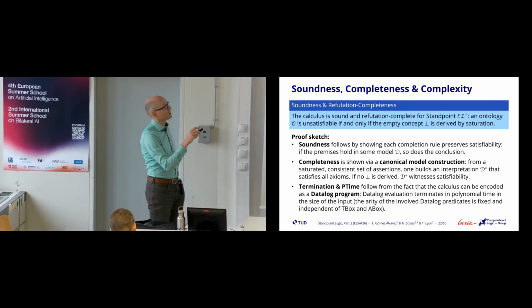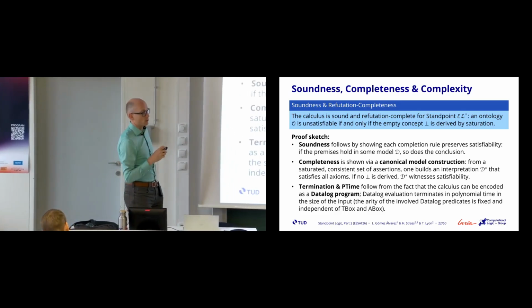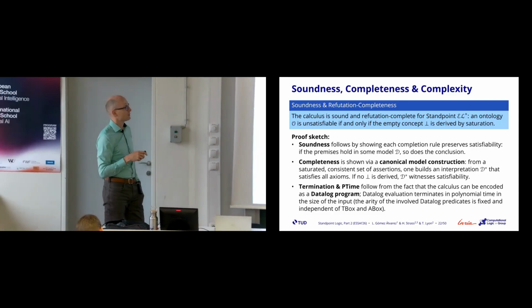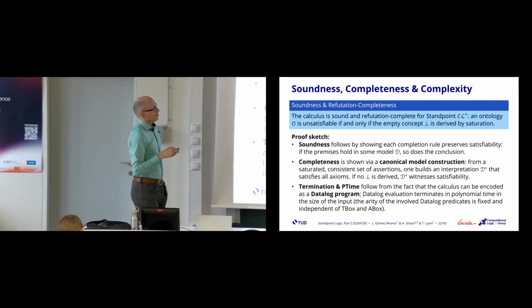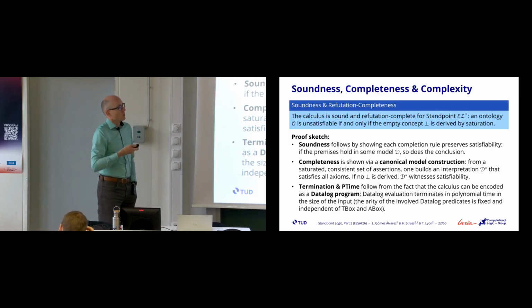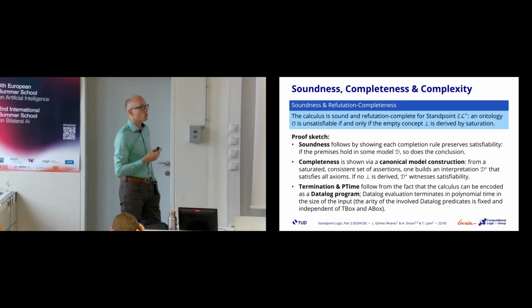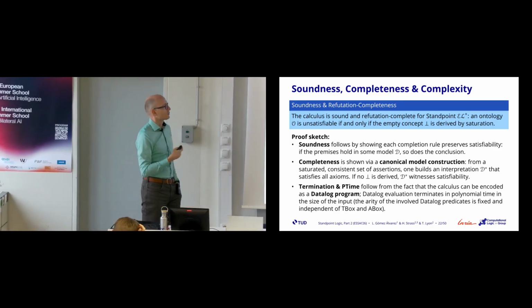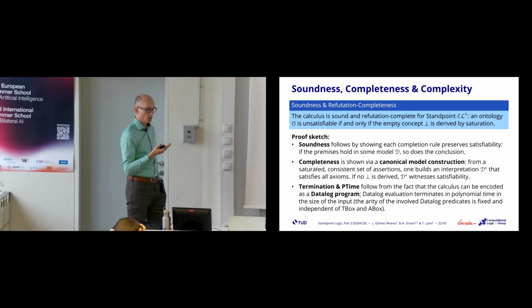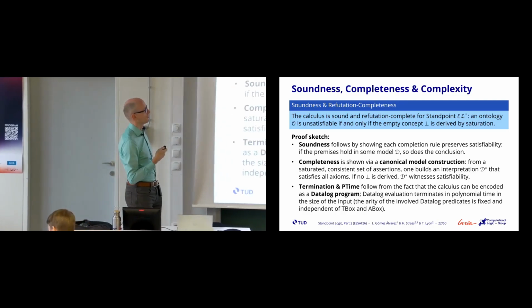First of all, we of course have to show soundness and completeness. And in this case, it's refutation completeness. Soundness means that whatever the algorithm or the completion rules derive is actually a logical consequence of any knowledge base given to it.